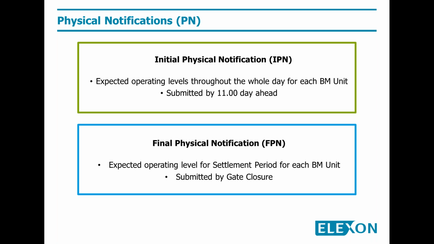They then feed through a final physical notification, or an FPN. That will give updated information if anything's changed on each settlement period for each BMU, and that needs to be submitted by gate closure, which, as I said earlier, is an hour before the settlement period takes place.